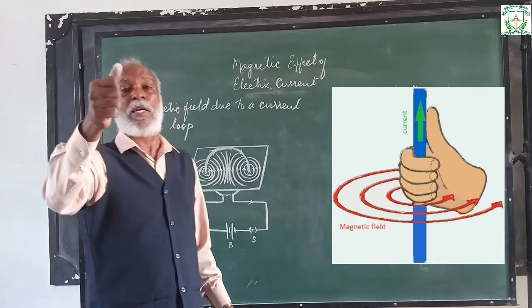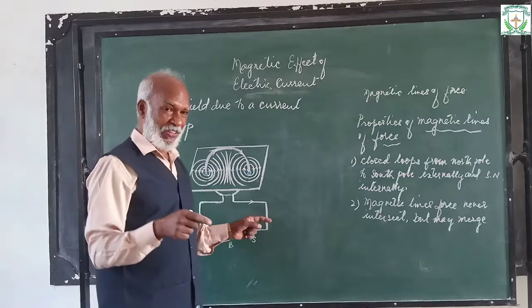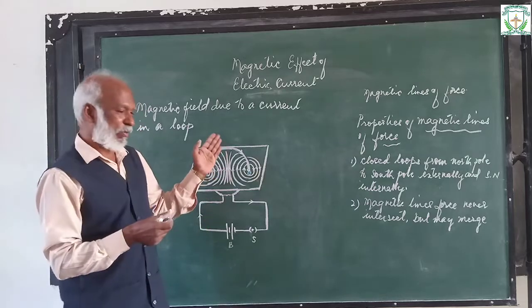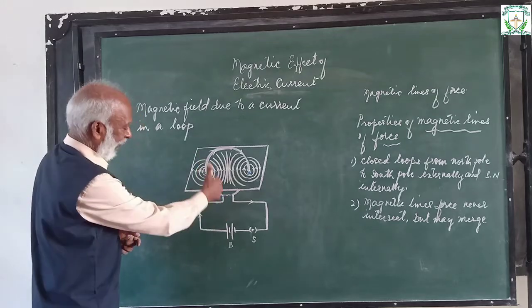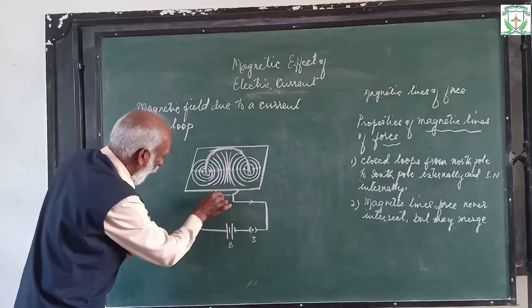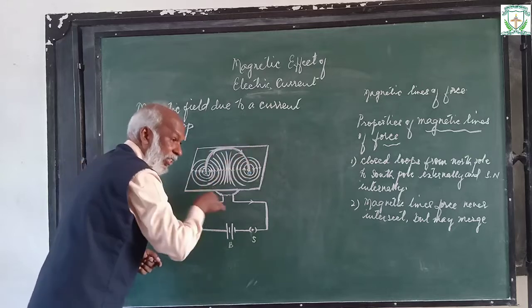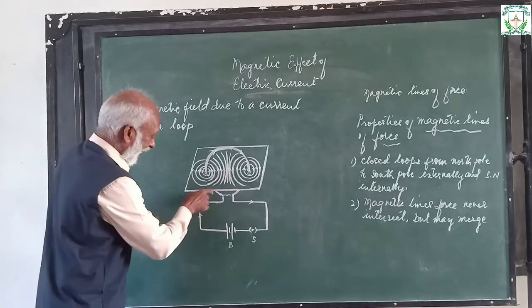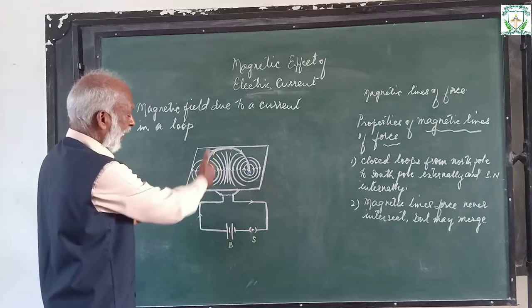So this particular rule is applied here to find the direction of magnetic field produced in a current carrying loop. Now look at this figure. The current flows from the battery and keeps flowing in this direction, clockwise. Now we'll apply Maxwell's or Fleming's right hand grip rule here.